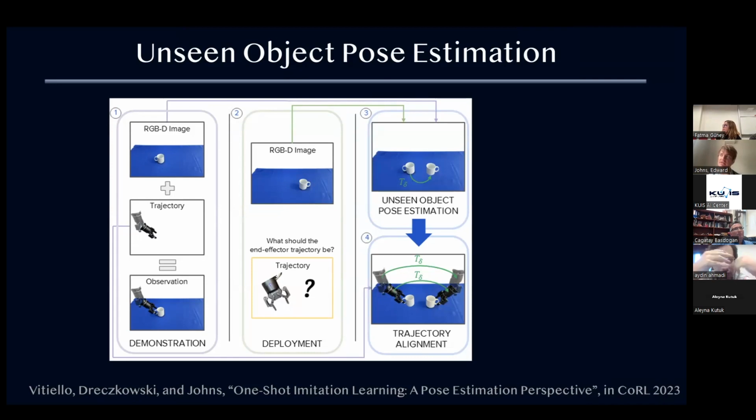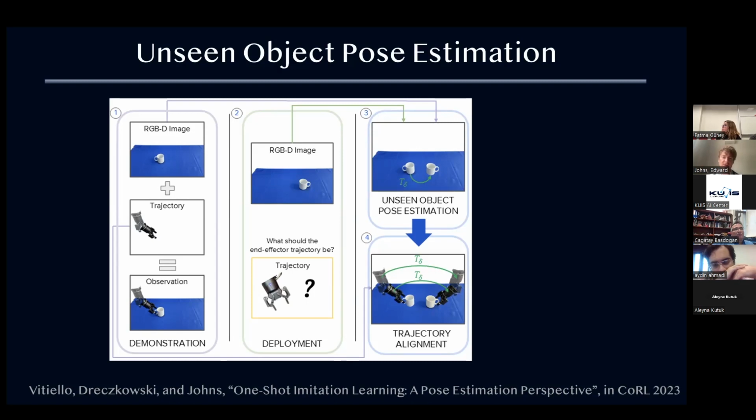Unseen object pose estimation is where we are doing pose estimation between two images of the same object, but there hasn't been any explicit training on those objects. That's different to normal object pose estimation, where you would be training explicitly on lots of different views of a particular object, or maybe lots of different views and lots of different shapes across a class of objects.